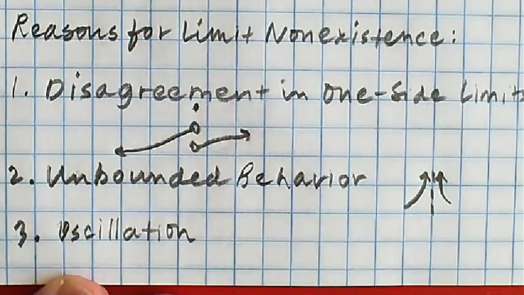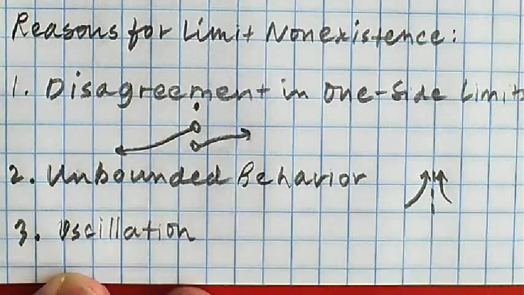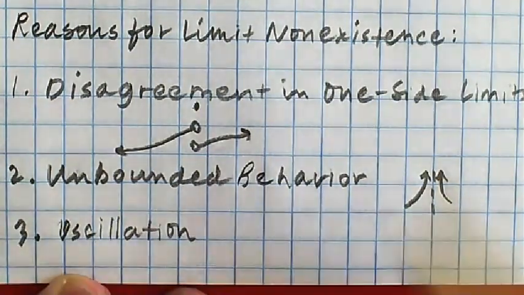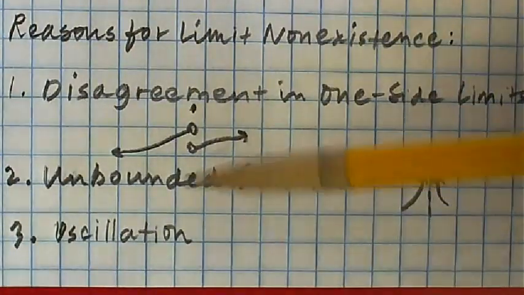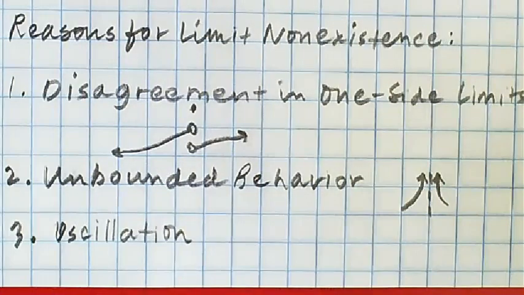Basically, two of the easiest to understand ones are the limit of y equals sine x as x goes to infinity. You don't really know what that is yet, but just envision y equals sine x. It just keeps going up and down forever, and it doesn't get closer to one thing as x gets bigger and bigger. So there's no limit to that because it goes back and forth between -1 and 1.